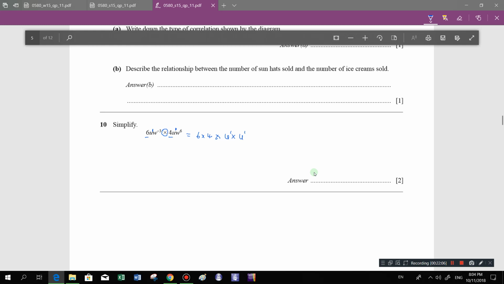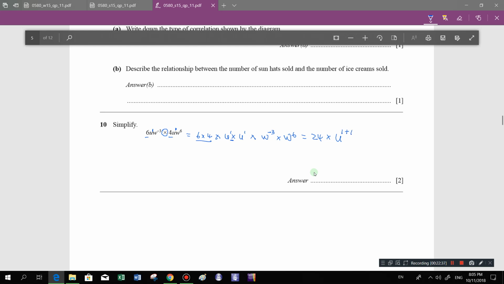So u1 times u1. Then after that you have w minus 3 times w6. Okay, let's simplify this. 6 times 4 is 24 times u1 times u1. So basically u1 times here, between the two u it is times, so it's plus, and then this is 1.